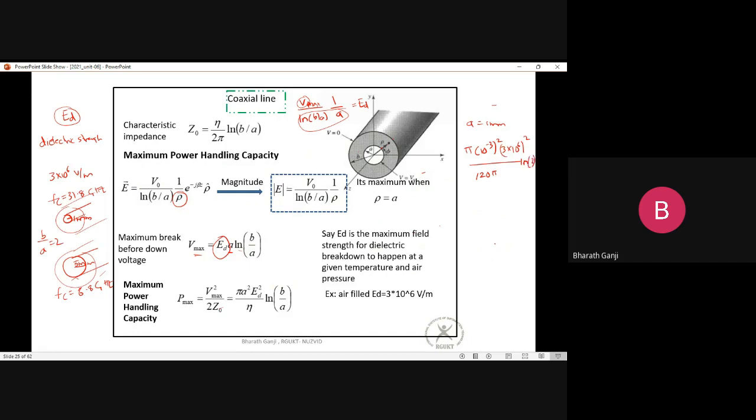Okay, so I can cancel out pi and pi here, and I have 10 to the power of minus 6 into 9 into 10 to the power of 12 into ln of 2 divided by 120. Okay, so the answer is 9 into ln of 2 divided by 120.